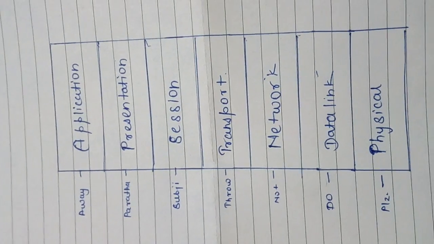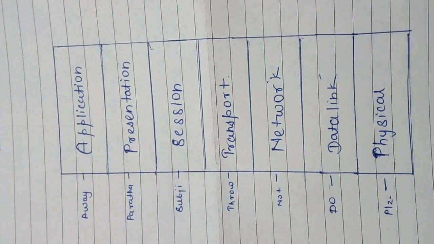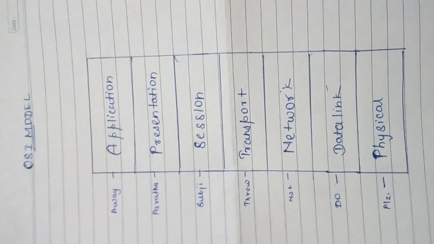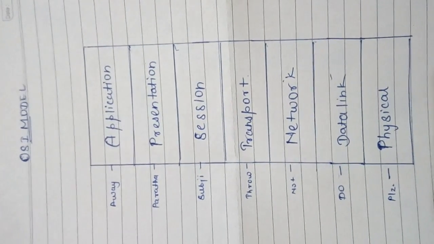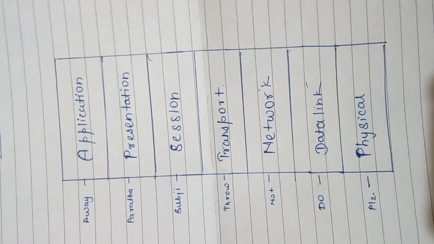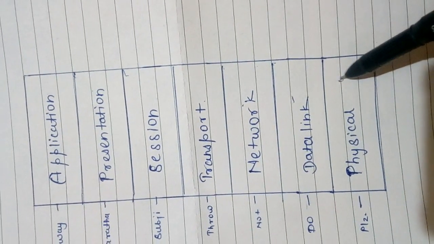Physical layer means the layer which sends data over network links. Physical layer is the bottom layer. Its main function is to send bit streams. Bit streams mean small bits, zeros and ones.